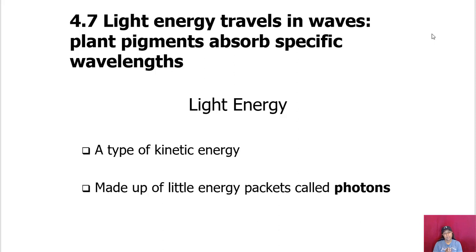And so light energy travels in waves, and plant pigments actually absorb specific wavelengths. So remember, light energy is a type of kinetic energy, and it's made up of these energy packets called photons. Remember, I was saying we have the sun and we have these photons of energy that are coming through. So light energy is made up of packets of energy called photons.